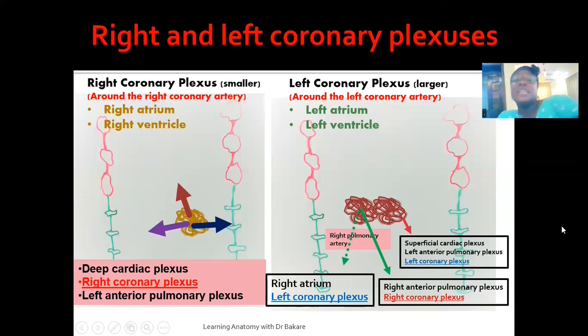So the formation of the left coronary plexus, in case you're asked during examination, is formed only by the deep cardiac plexus. It is only the deep cardiac plexus that gives branches to form the left coronary plexus and not the superficial cardiac plexus. As we see here, the superficial cardiac plexus only gives a branch to the right coronary plexus.